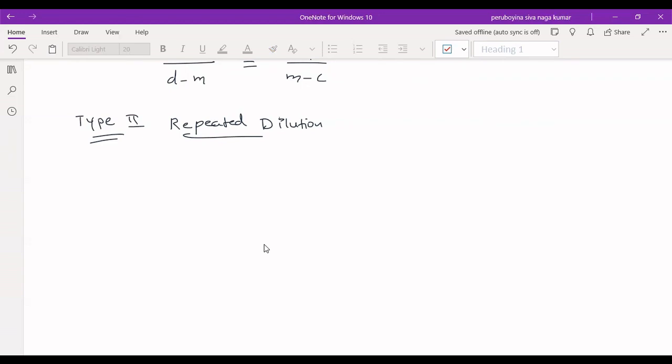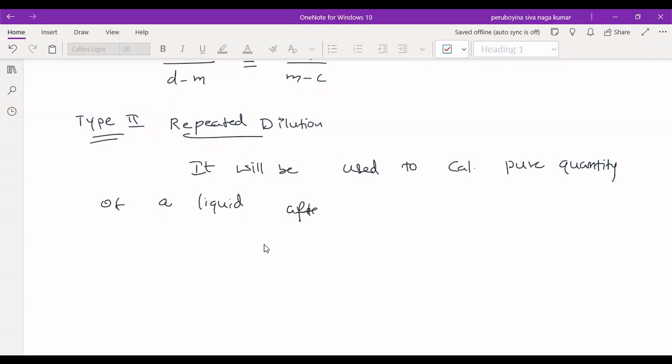This formula is used to calculate the pure quantity of a liquid after n number of repeated dilutions.